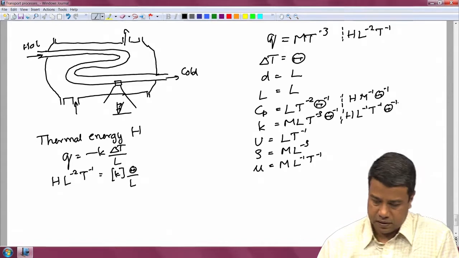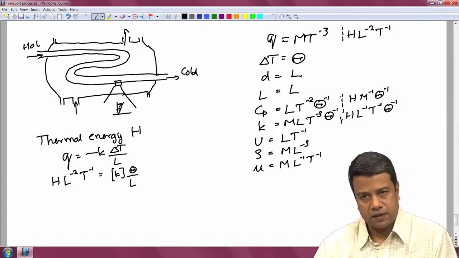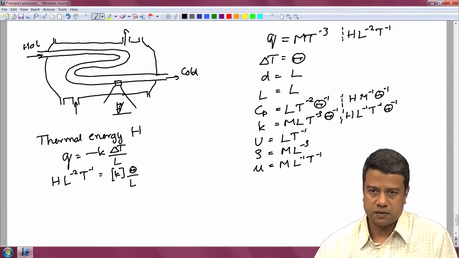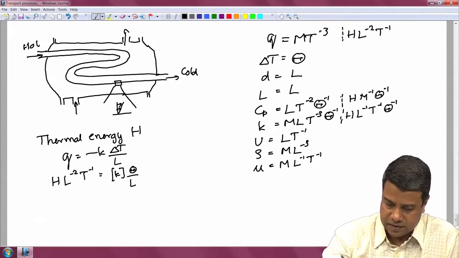All the others are either length dimension or mechanical quantities, so they do not involve thermal energy.